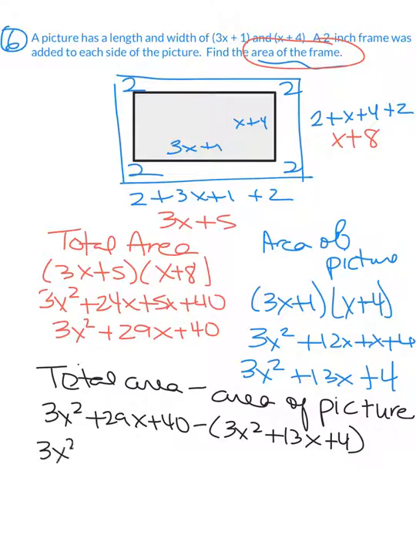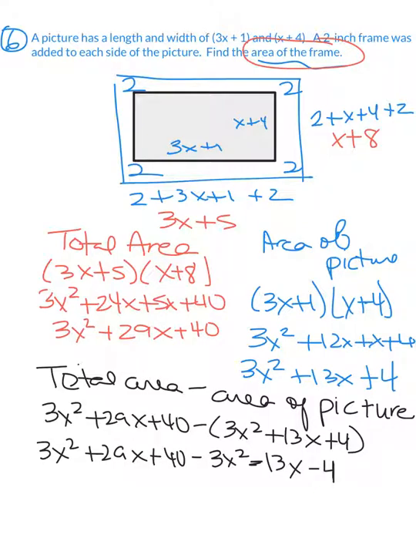I have to rewrite my total area, and then I'll distribute that negative 1. So I get minus 3x squared minus 13x minus 4.